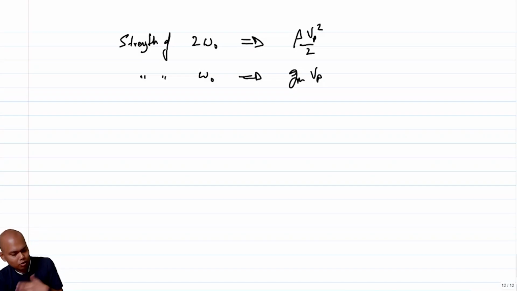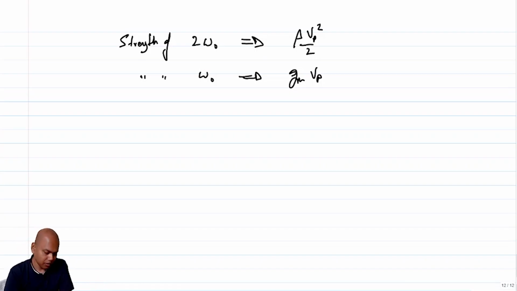So not only are you getting distortion, the effect of the distortion-laden components is much more pronounced than the fundamental component. That is why we have to ensure by design that the strength of 2 omega naught is less than omega naught.